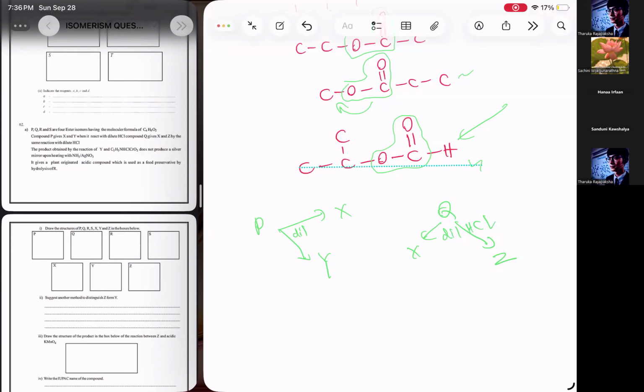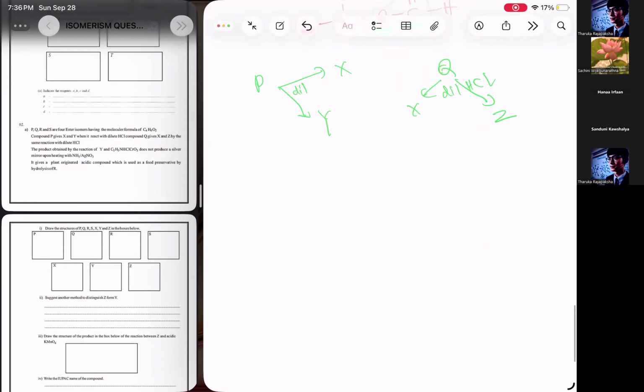First of all, let me tell you the reaction of esters with dilute HCl. People, when you add HCl to this, it will dissociate from this place.